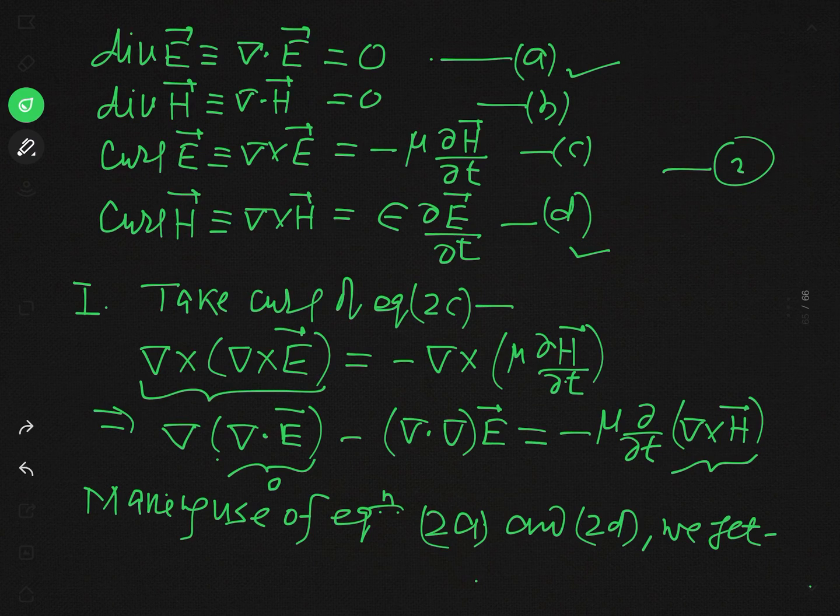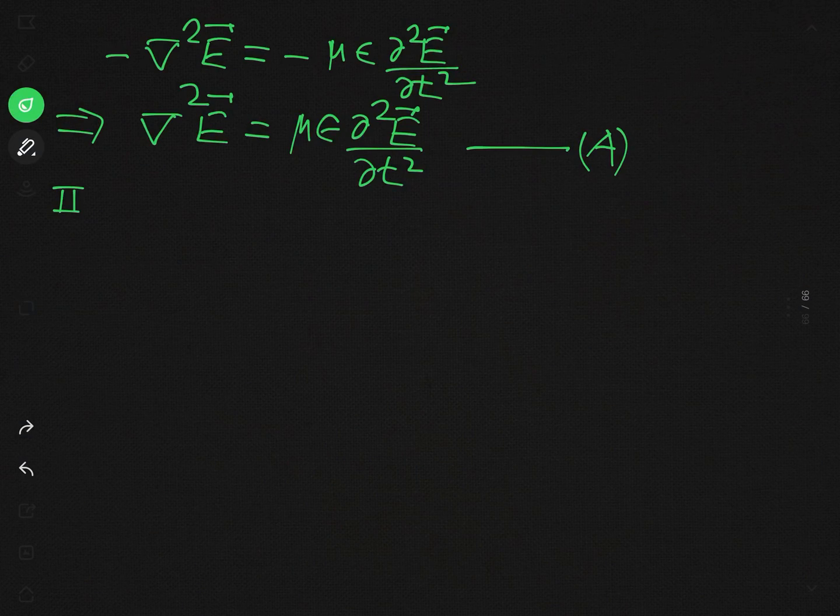You are seeing here only H is here instead of E, epsilon is instead of mu, and E is instead of H. After that we will make use of equations 2B and 2C. We will get a similar result for the magnetic intensity vector H.